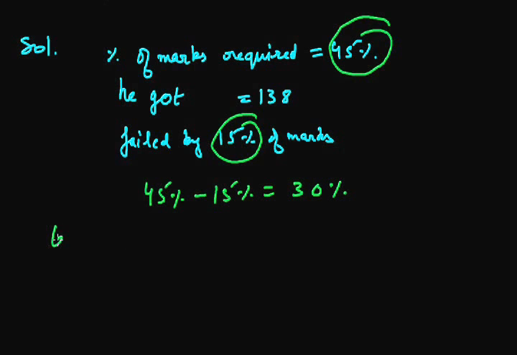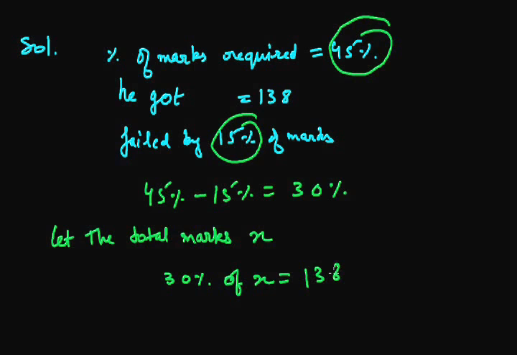Let us assume that total marks be X. Then 30% of the total marks he has got, that is 30% of X, is equal to 138. So 30 upon 100 into X is equal to 138.